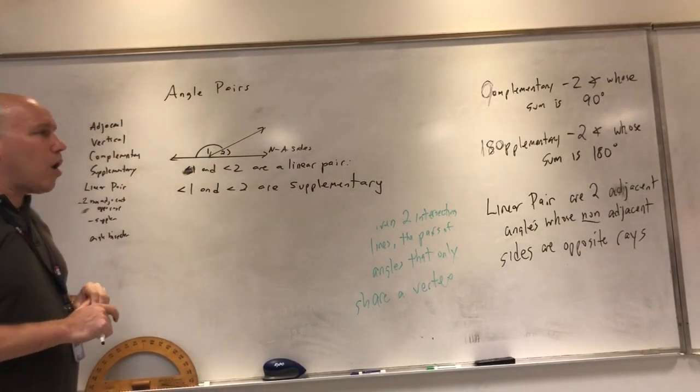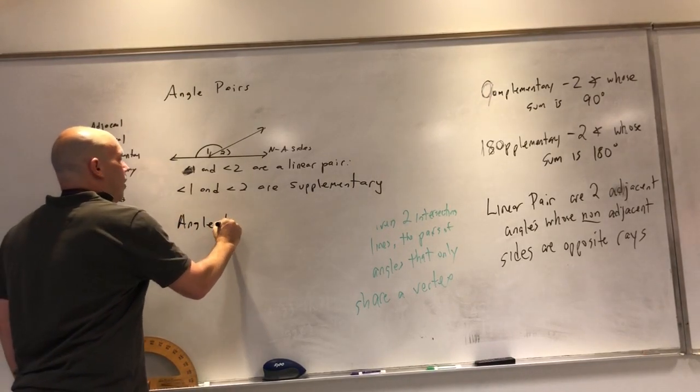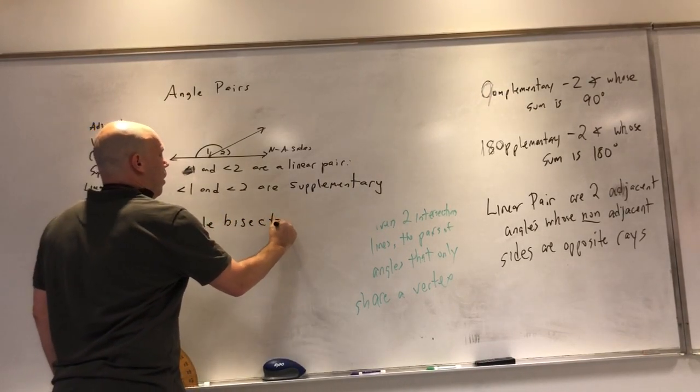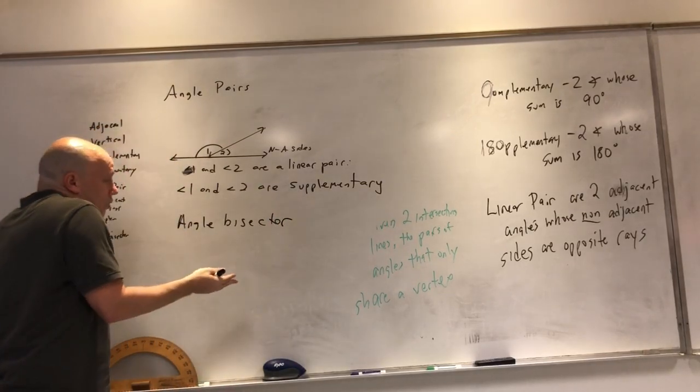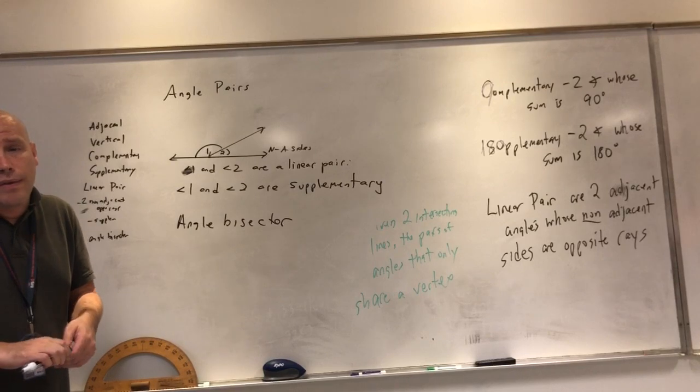The last thing we're going to talk about is something called an angle bisector. An angle bisector is no different than a bisector of a segment.